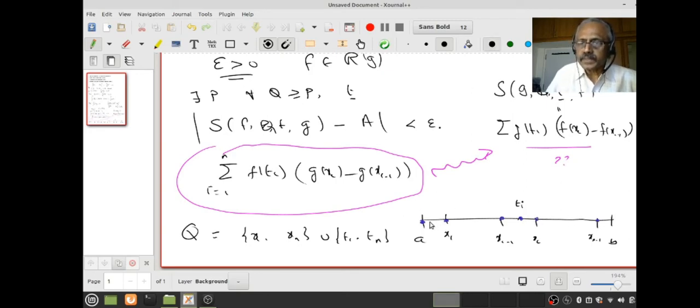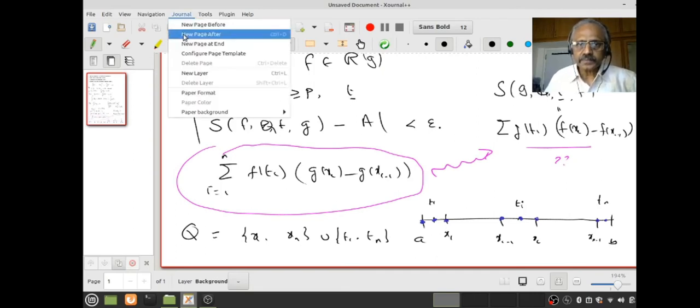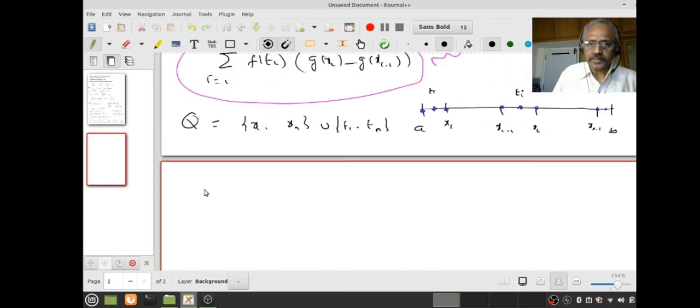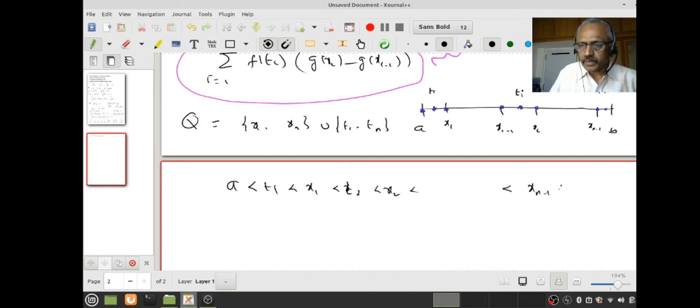There may be t1 here that will also be a node, and there will be tn that will also be a node. Sorry, it's a node, not a tag. You understood this? So what is the partition I'm considering now? A less than t1 less than x1 less than t2 less than x2 and so on, and xn minus 1 less than tn less than b. This is the partition Q I'm considering.